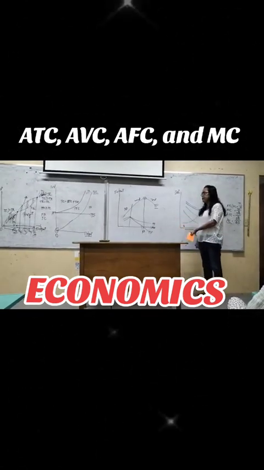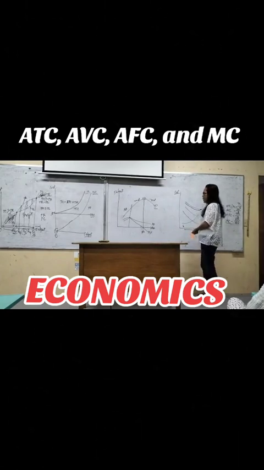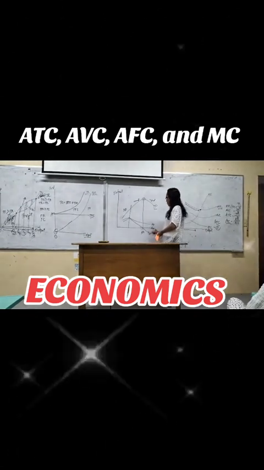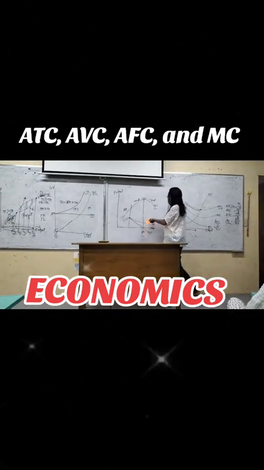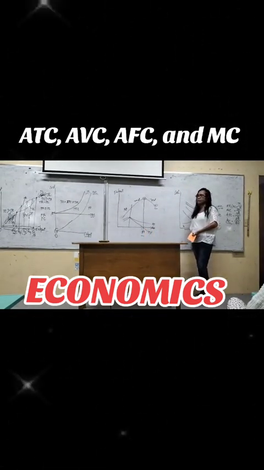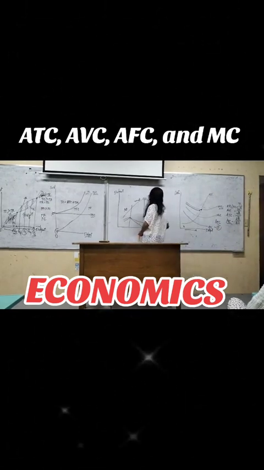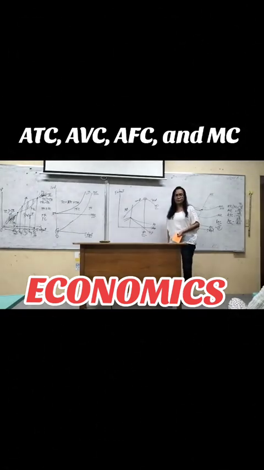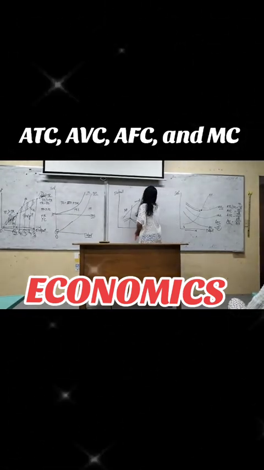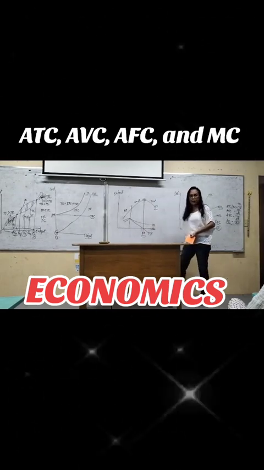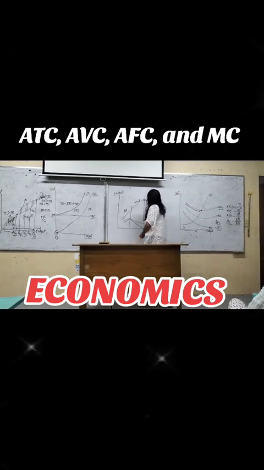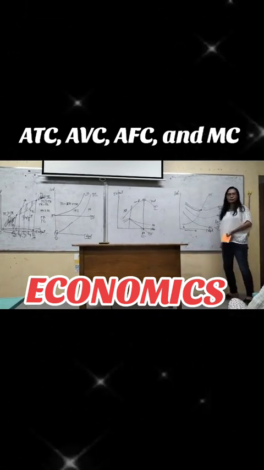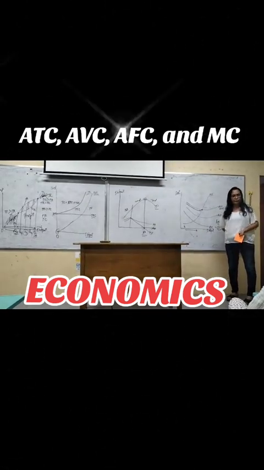So this is the desired number of laborers which the firm should use, because this is laborer, this is the output. So if the firm uses 100 workers, this is the desired number of laborers in order to maximize the output. So once the total product reaches the maximum level, and our marginal product is 0, this is where our average total cost is at its minimum.